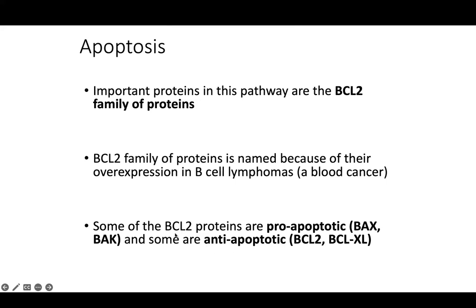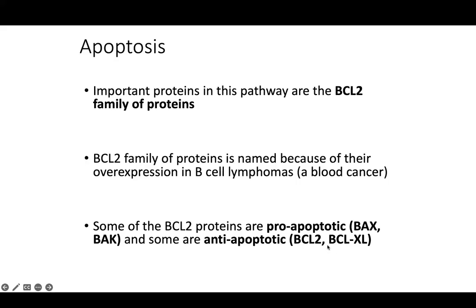These are still part of the BCL2 group of proteins. Now, here's where it gets confusing. In this category, one of the proteins that's under the BCL2 family of proteins is itself called BCL2. I don't know why they did that, but they did. So BCL2 is one of the proteins in the BCL2 family.